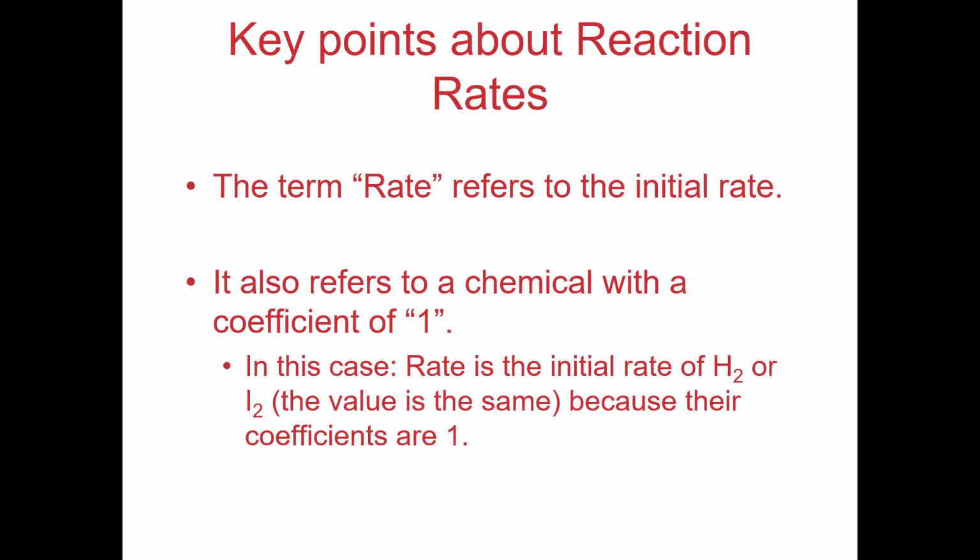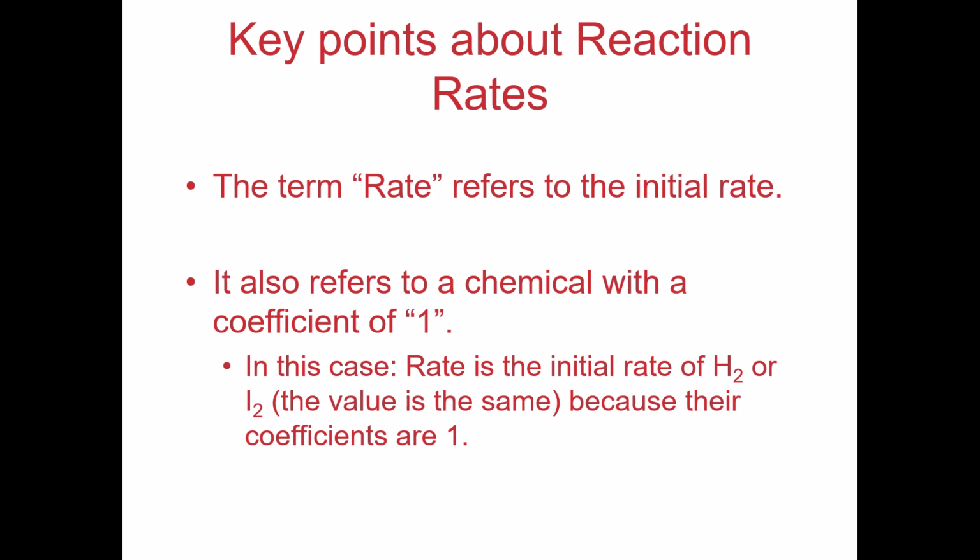As soon as the reaction starts, those concentrations change, and we don't know what they are anymore. So calculating the rate becomes much harder. Initial rate, because it's at time equals 0, we know the concentrations of our reactants. So at time equals 0, we have the most information about our reaction, so this is the rate that most people are interested in.